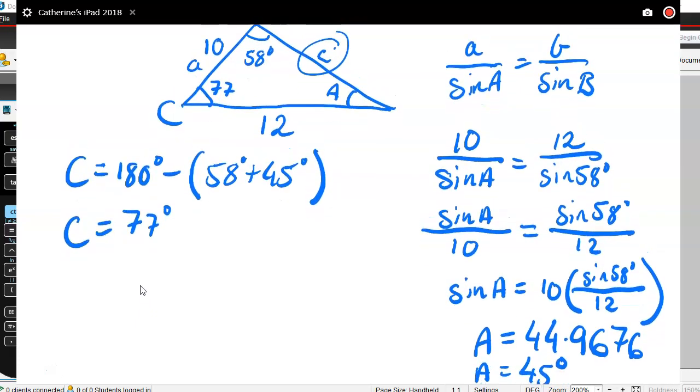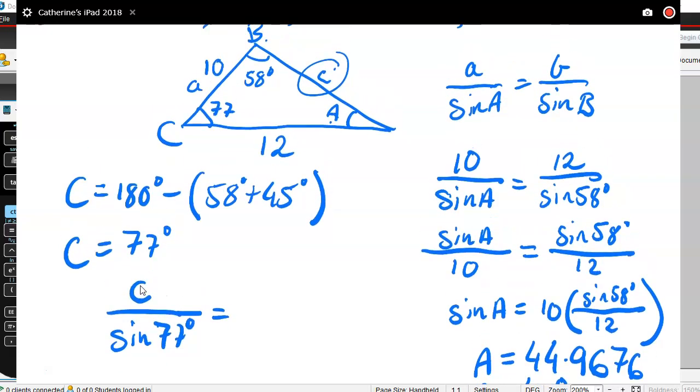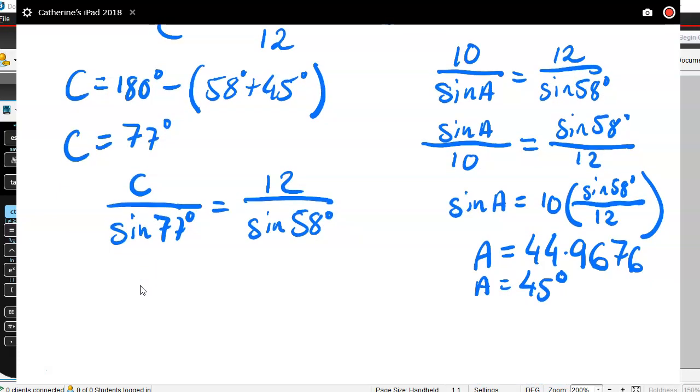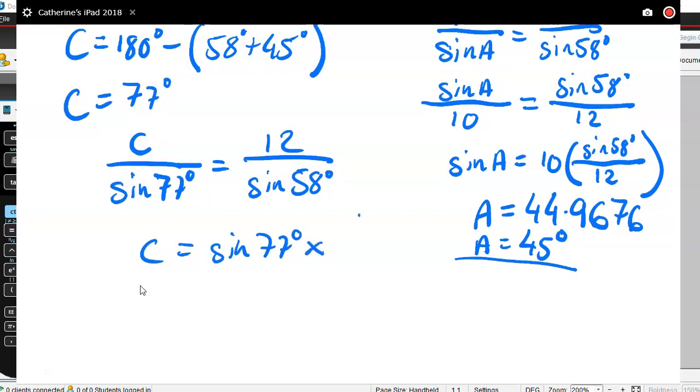So c over sine 77 degrees. Now I can use either of these, but because I calculated A, I'd prefer to use the angles and values that I didn't calculate. That's another good habit to get into, is to use as many values that you were given rather than ones you calculated. Okay, so c equals sine 77 degrees times by 12 over sine 58 degrees.